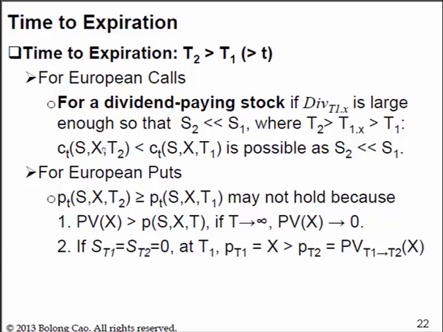How about for European puts? Well, again, this is where an option with a longer life may not have higher value. There are two situations which make this possible. One is, well, the expiration date on this European option is super far away. It's 100 years later, right?